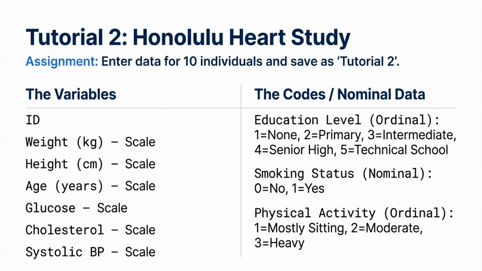And the categorical data: education level, ordinal, 1 is none, 2 is primary, 3 is intermediate, 4 senior high, 5 technical school. Smoking status, nominal, 0 no, 1 yes. Physical activity, ordinal, 1 mostly sitting, 2 moderate, 3 heavy.